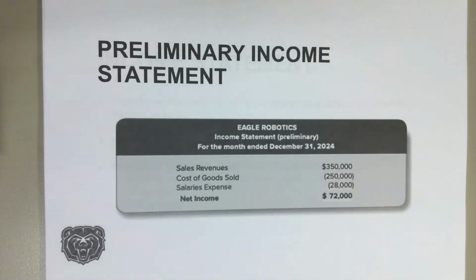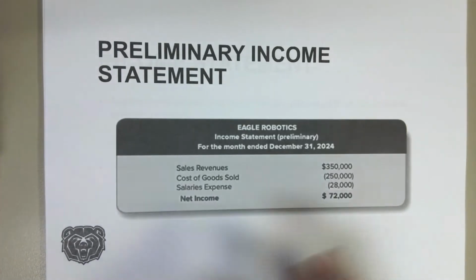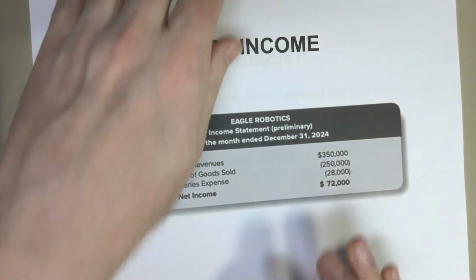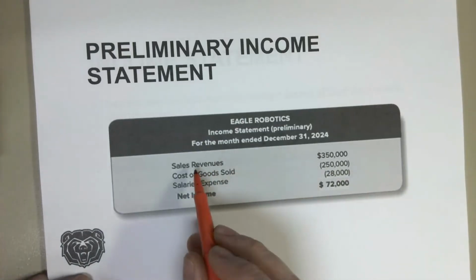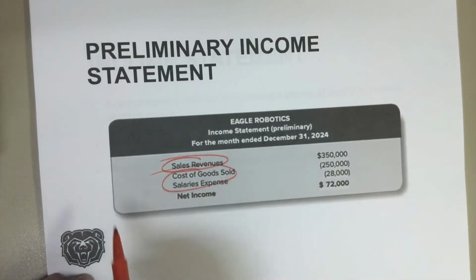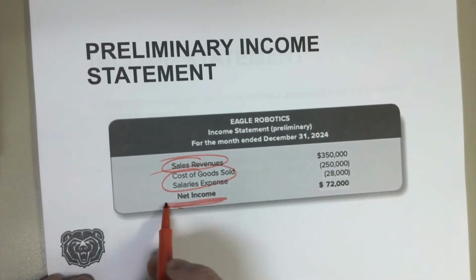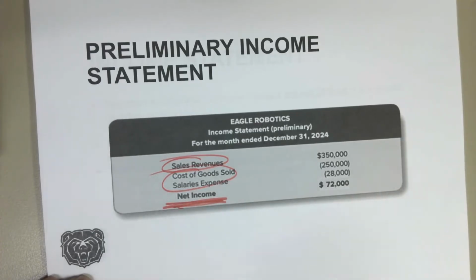So let's take a look at a preliminary income statement. It's going to be very simple. We are just doing a single step income statement right here. Essentially, we're just saying we're going to group all our revenues, and we only had 2 expenses, so we're going to group those, and we're going to give you one single measure of income, that being net income.